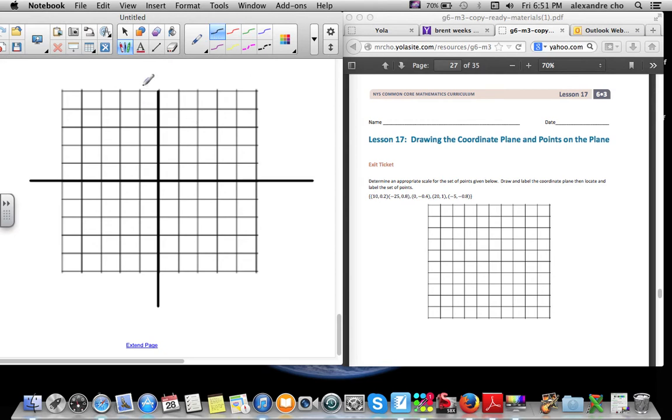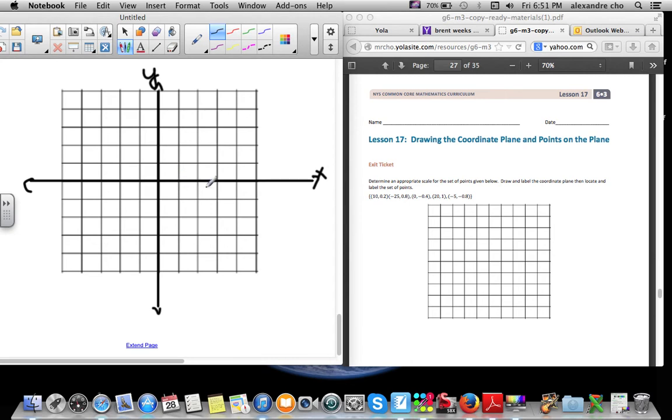Okay. First thing, even with this, arrows, Y arrow here, X. Now, if you look at your numbers, the first number in each ordered pair is 10, negative 25, 0, negative 20, negative 5. So in the X line, you need intervals.